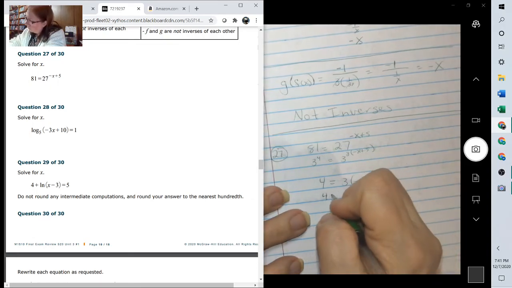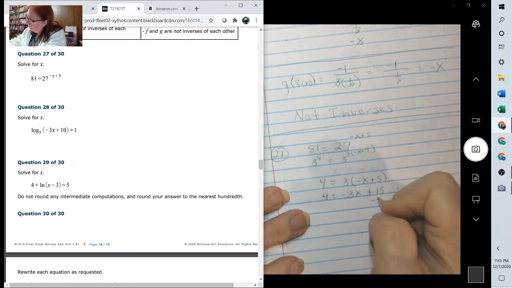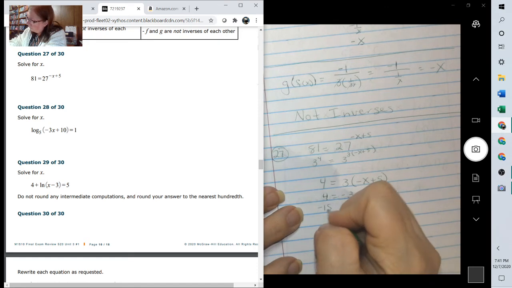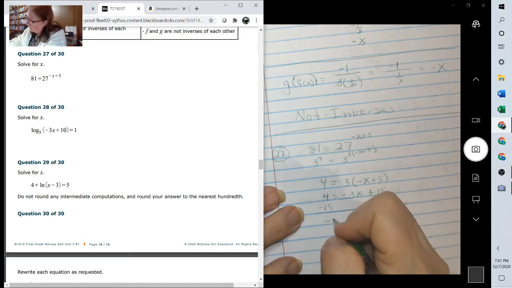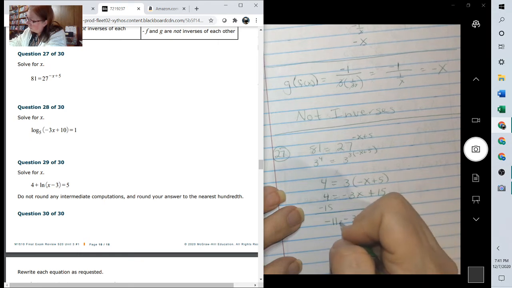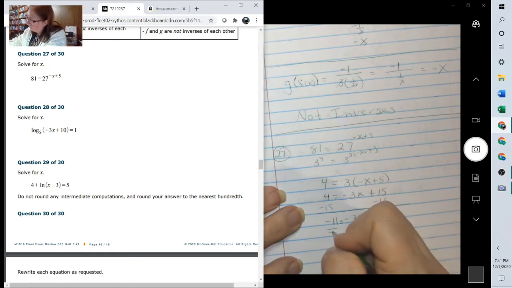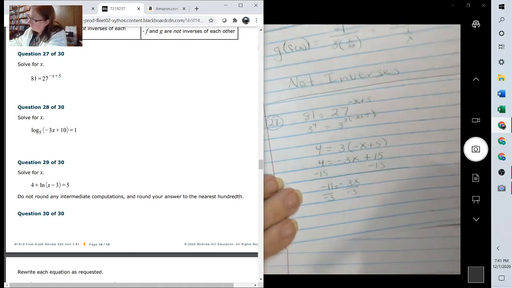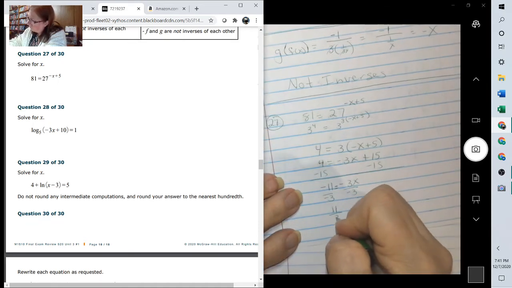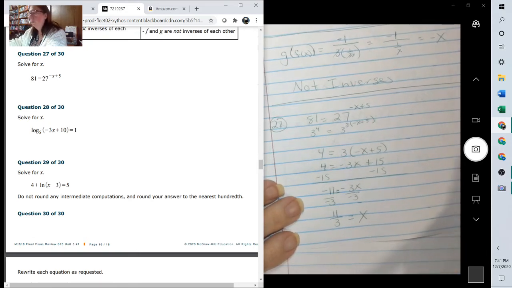Distribute. Negative 3x plus 15. Subtract the 15. Negative 11. And then divide by the negative 3. X is 11/3.